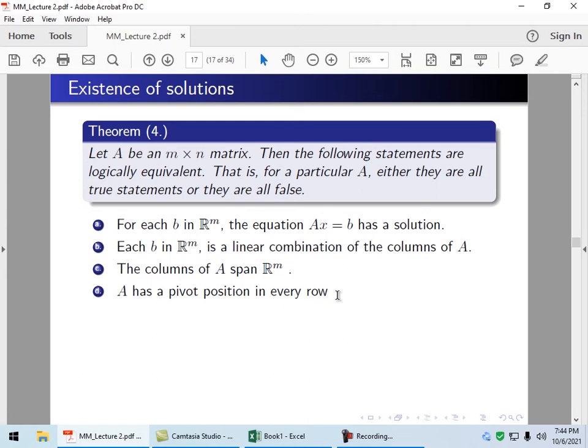It might not be very obvious, but still, theorem 4 is one of the most useful theorems. Statements A, B, and C are equivalent because of the definition of Ax and what it means for a set of vectors to span Rm.